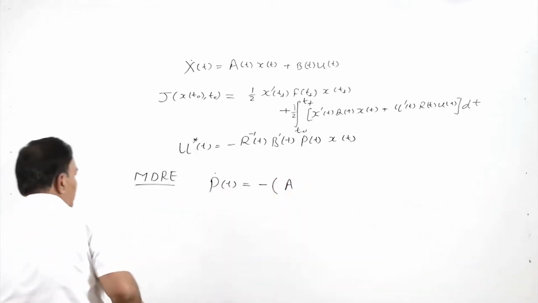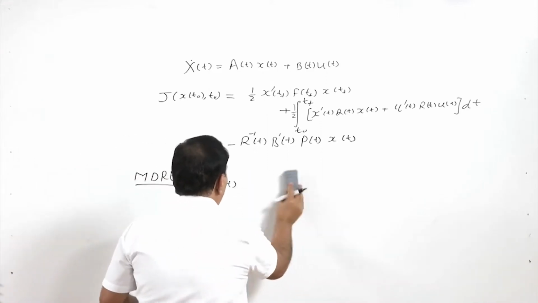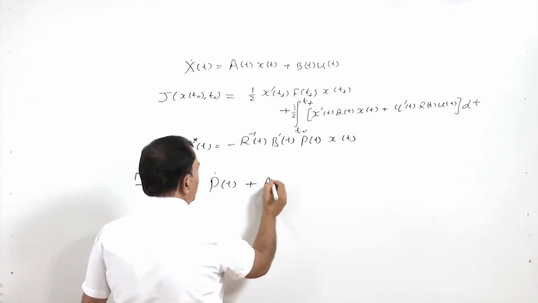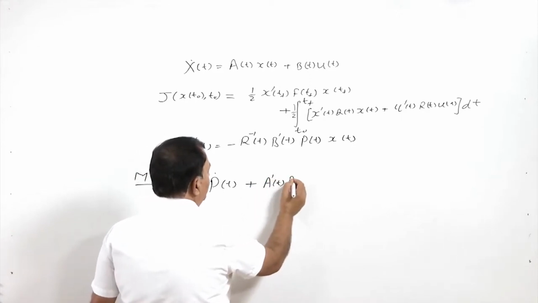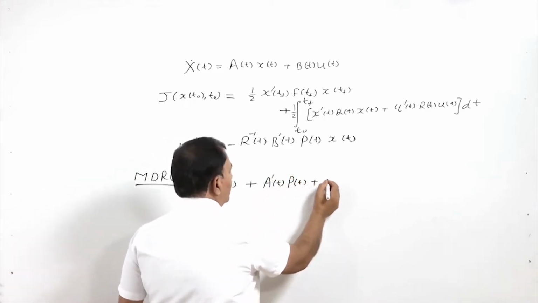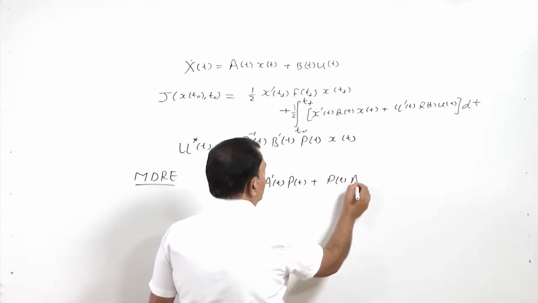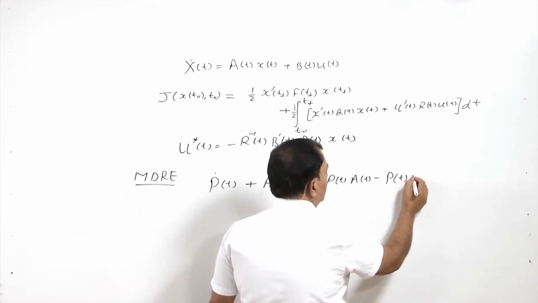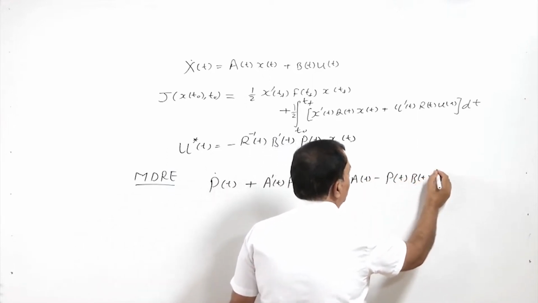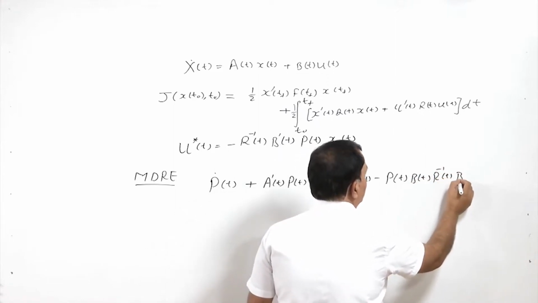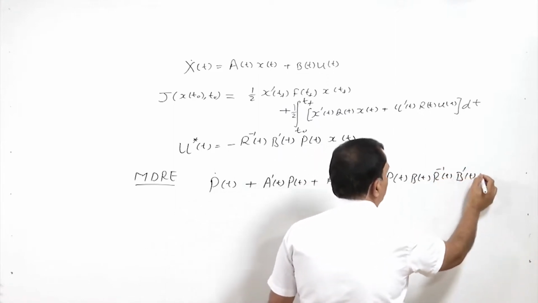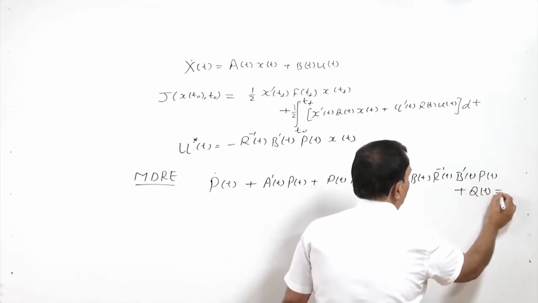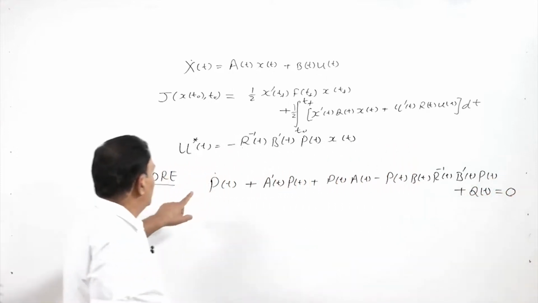Let's write the equation directly: P dot(t) plus A transpose P plus P A minus P B R inverse B prime P(t) plus Q(t) equal to 0.